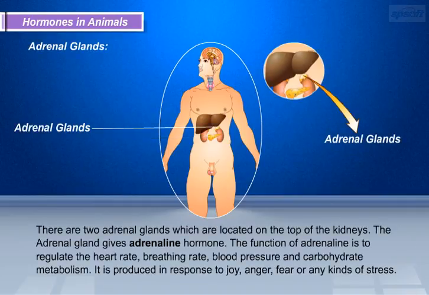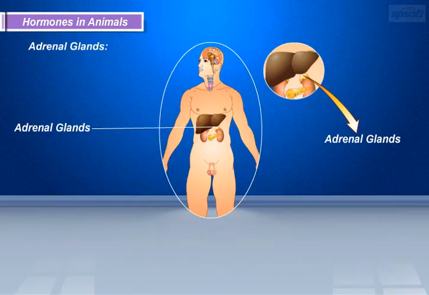Adrenal glands. There are 2 adrenal glands, which are located on the top of the kidneys. The adrenal gland gives adrenaline hormone. The function of adrenaline is to regulate the heart rate, breathing rate, blood pressure, and carbohydrate metabolism. It is produced in response to joy, anger, fear, or any kind of stress.